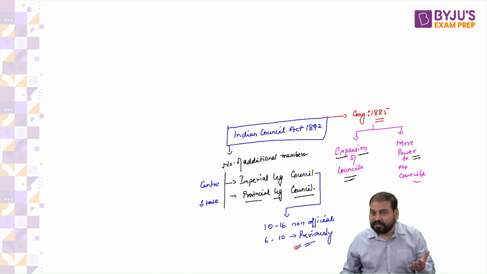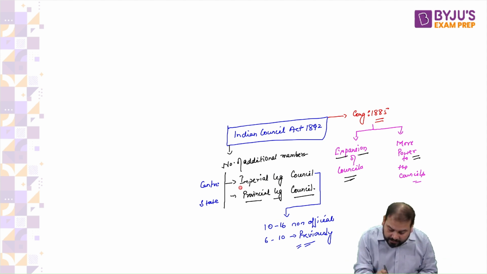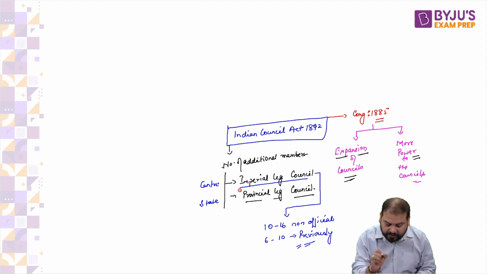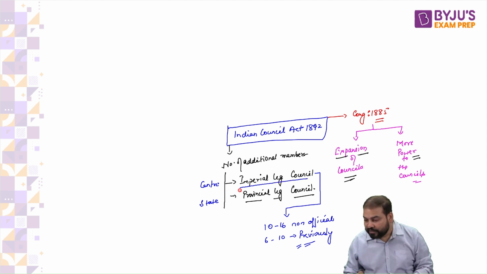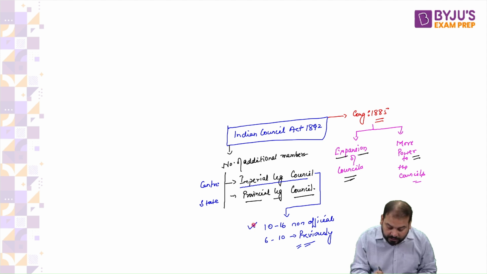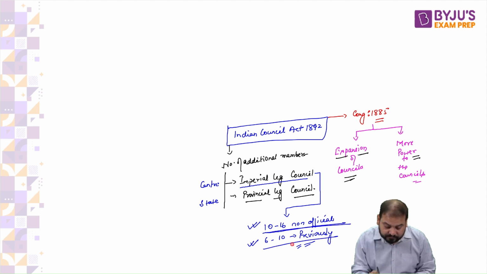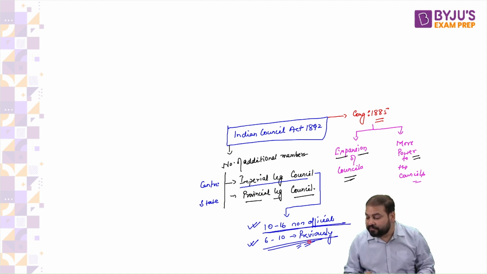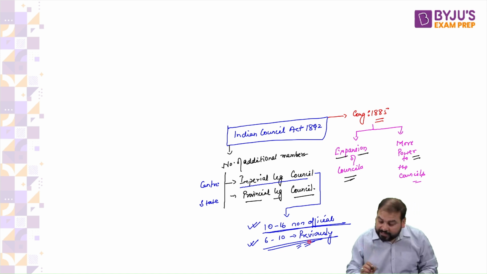But in UPSC, we don't study the numbers of the provinces. Am I clear, everyone? We mainly focus on the Imperial Legislative Council. Earlier 6 to 10, now 10 to 16. Am I clear, everyone?